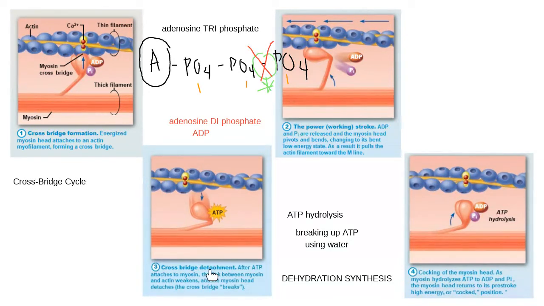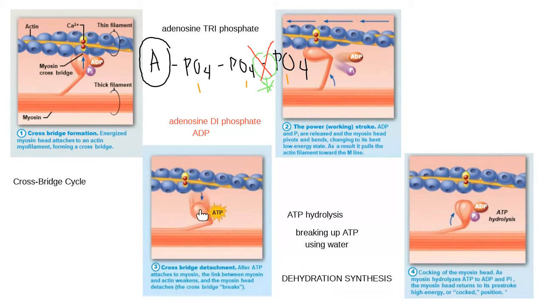I don't want to stay attached to actin. I'd like to be released. What allows me to let go of actin so that I can get back into the upright position and pull again is when a molecule of ATP attaches to me. So in the cross-bridge detachment step, remember that's when we said that actin and myosin let go of each other?